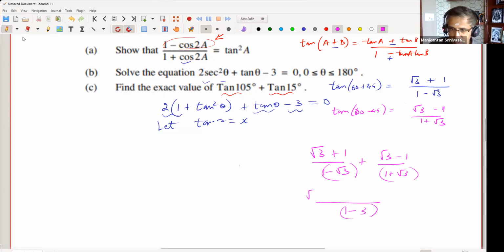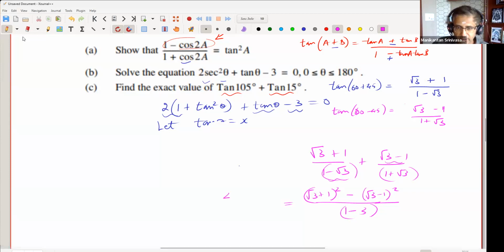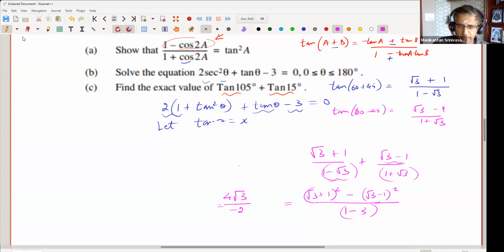And in the numerator, I get root 3 plus 1 whole square. And then here I get minus root 3 minus 1 whole square, because this is 1 minus root 3, this is root 3 minus 1. So this becomes a plus b whole square minus a minus b whole square. So it just becomes 4ab because the a square plus b square gets cancelled. So it becomes 4 root 3 here, and the denominator becomes minus 2. So it's just minus 2 root 3.